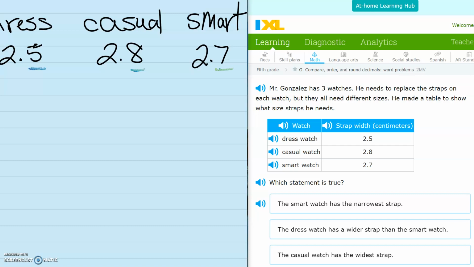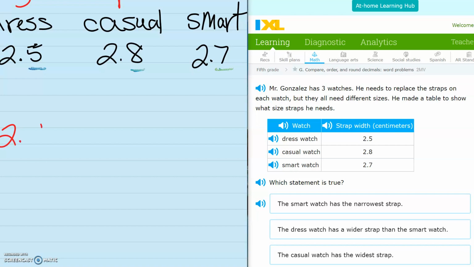So our casual watch is going to be the biggest. And then 8's the largest. Then is 7 or 5 next largest? It's the 7. So this one would be our second one. And then that leaves our dress watch to be the narrowest. So let's put them in that order.